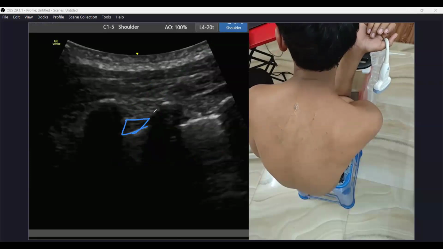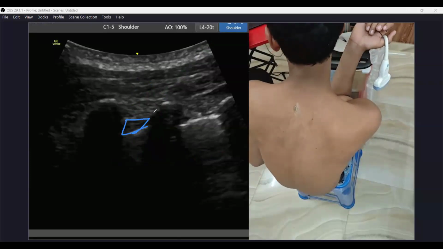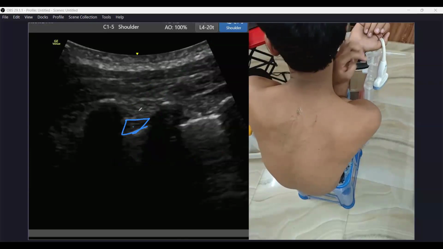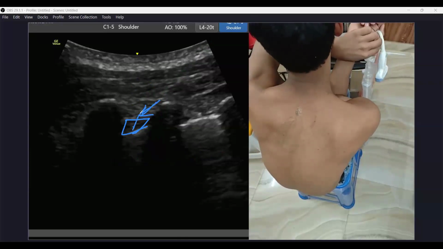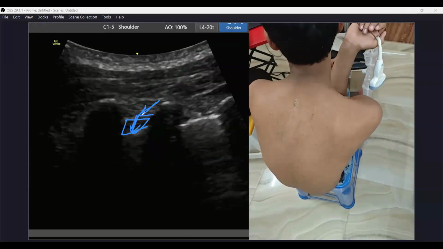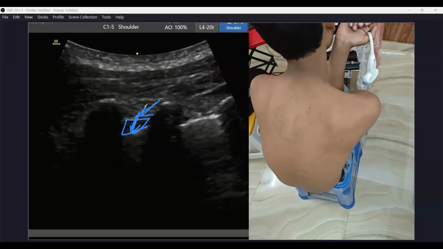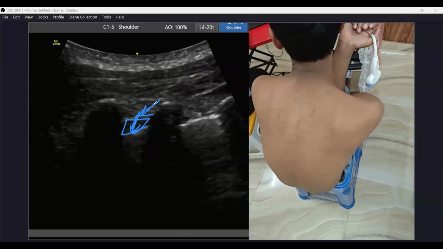So if someone is a bit afraid of going deeper, someone may inject here also. Both spaces have a connection. Fluid can come from this place to this place. So the RS space and paravertebral space are connected. So someone can inject here also and fluid will come here. So that is also possible.